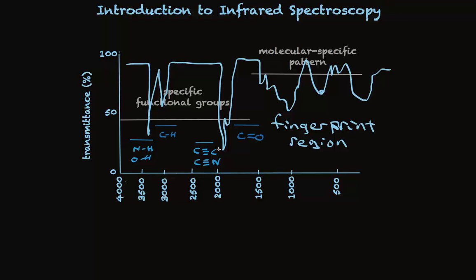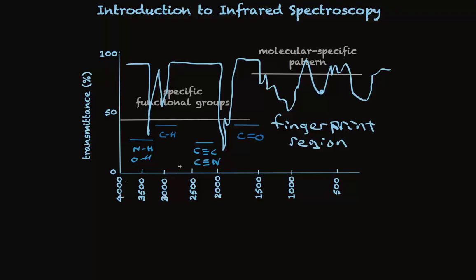So here it is. There's a specific functional group region on the left, and in these very specific portions of the region, we can see NH or OH, CH, triple bonds, and carbonyl, all separated from each other. So that's extremely helpful.